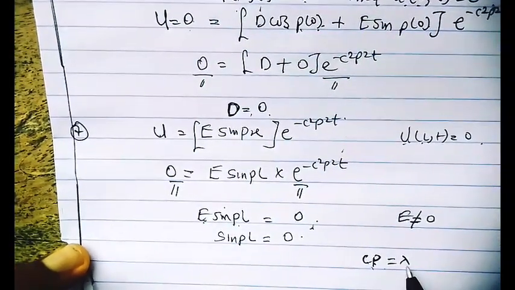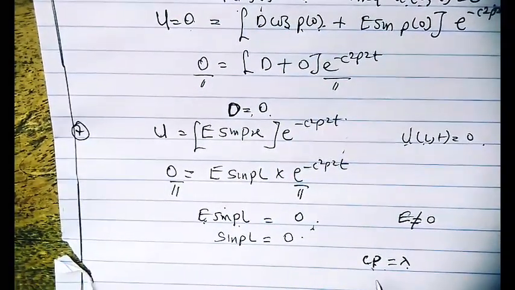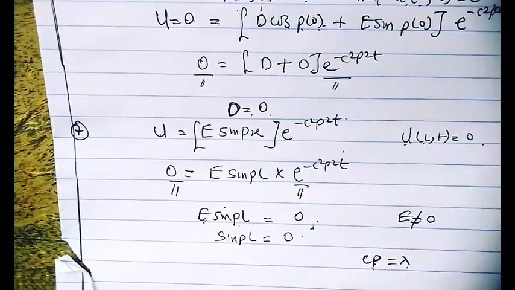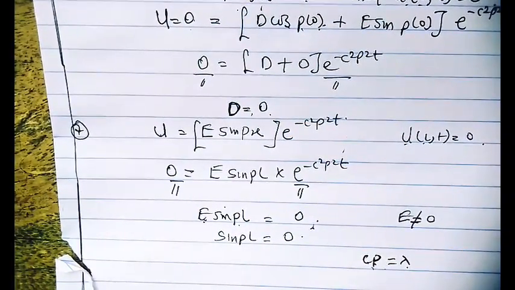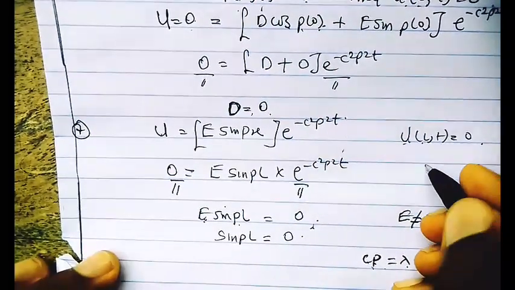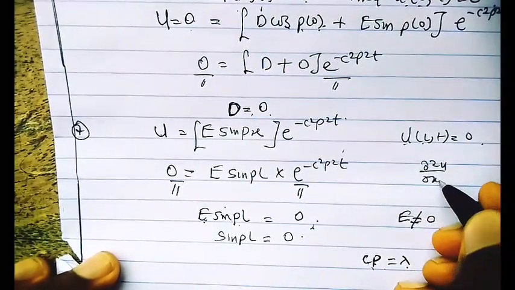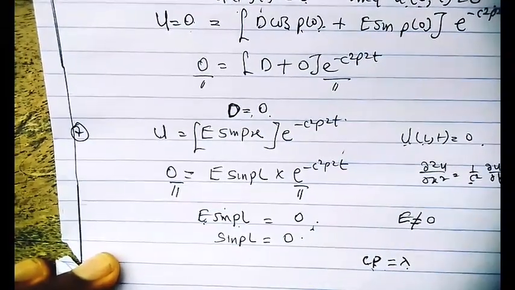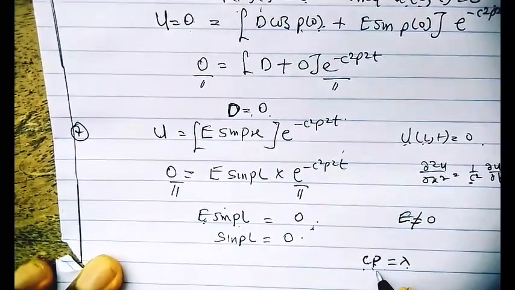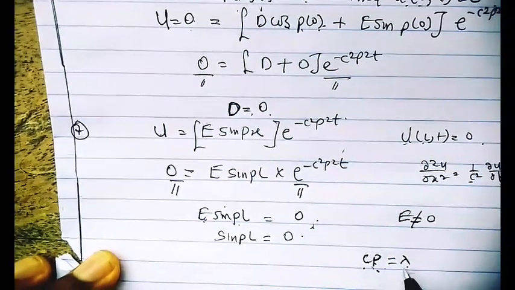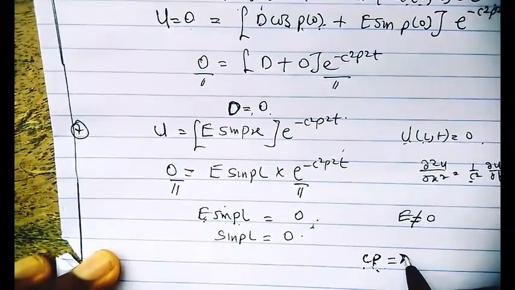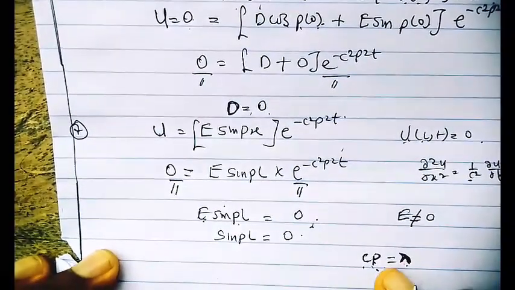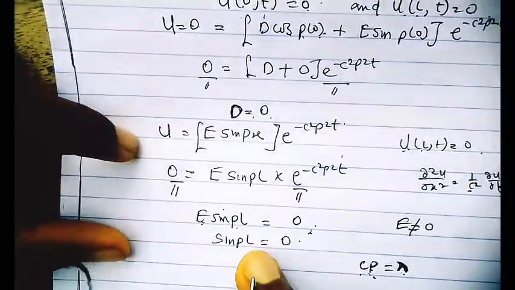That's cp equal to lambda. c was from the general form of the heat equation, where d square u over dx square equals 1 over c squared du dt. p was the constant we introduced for k, equal to lambda. Lambda is my eigenvalue. So this is what I'm assuming. Now let's continue from where we stopped.